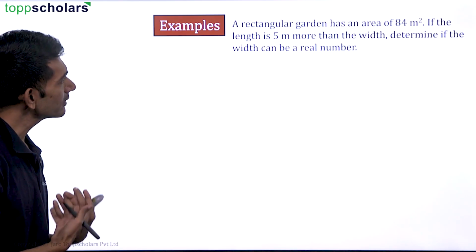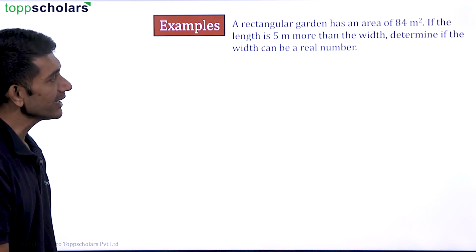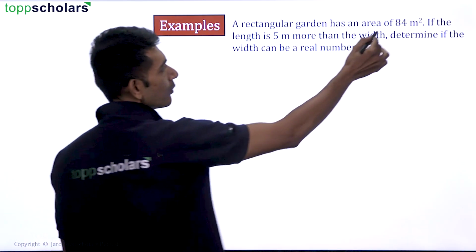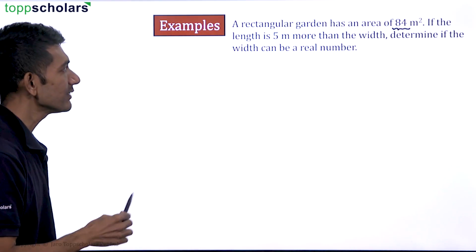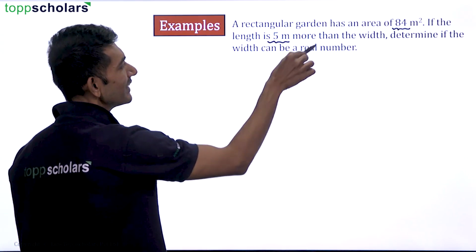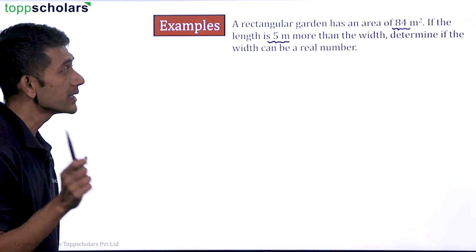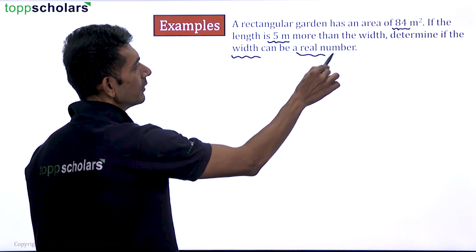Now let us have a look at a new question. It says a rectangular garden has an area of 84 meters square. If the length is 5 meter more than the width, determine if the width can be a real number.